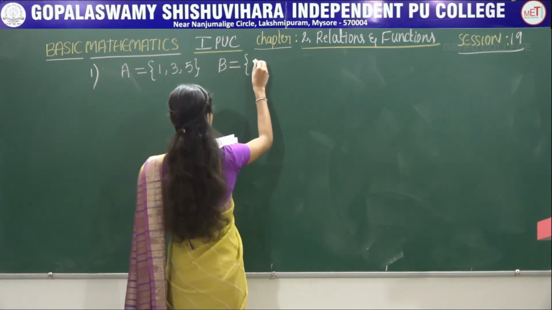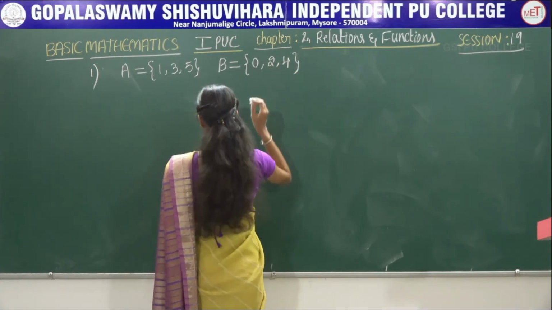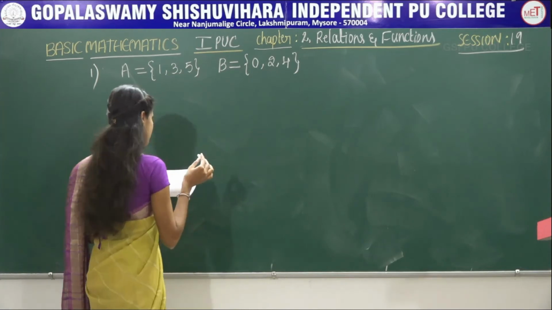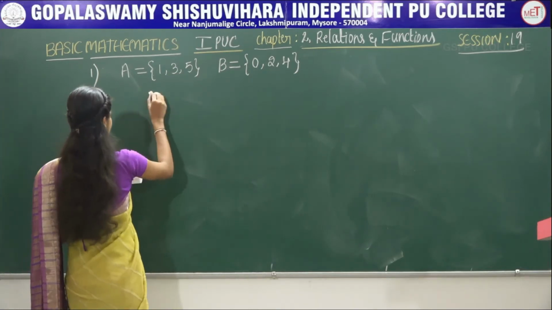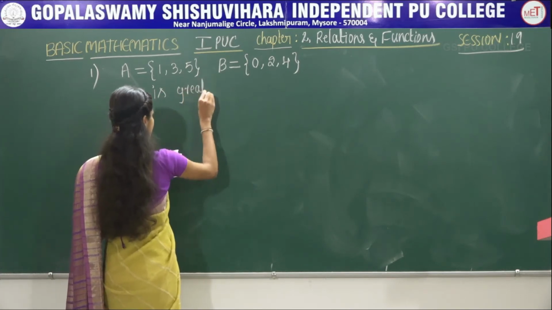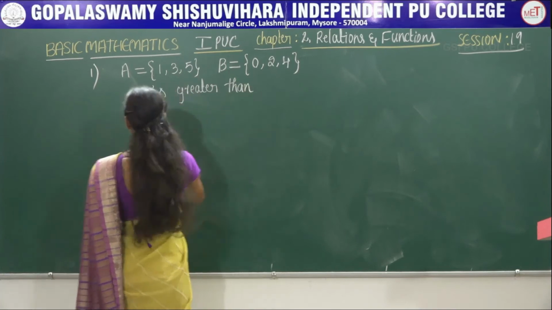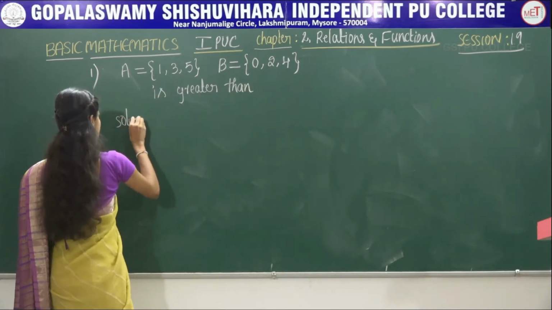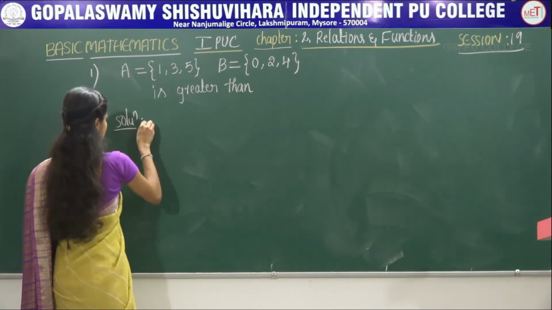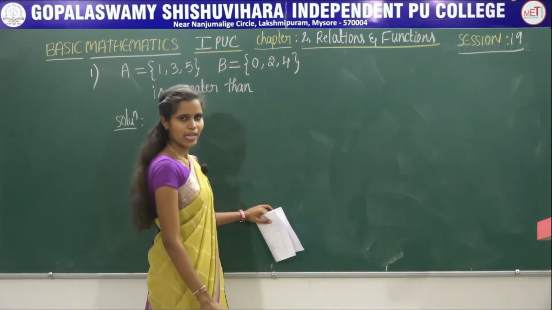B is equal to the set of all elements 0, 2, 4. Let R be a relation from A to B given by is greater than. Then find R and the domain, codomain, range, and represent it in an arrow diagram.